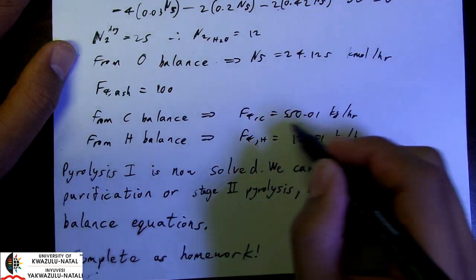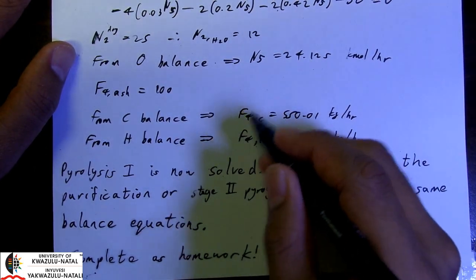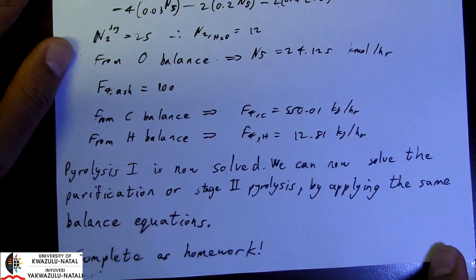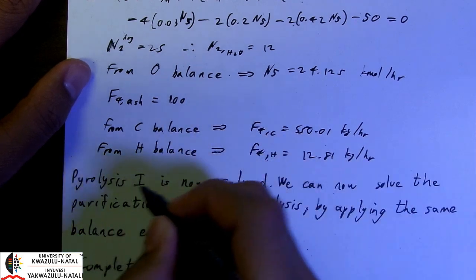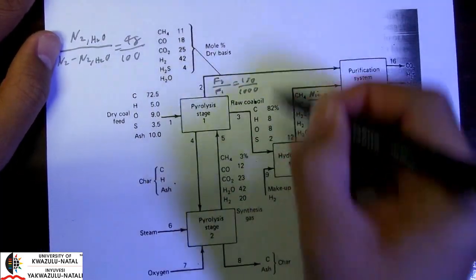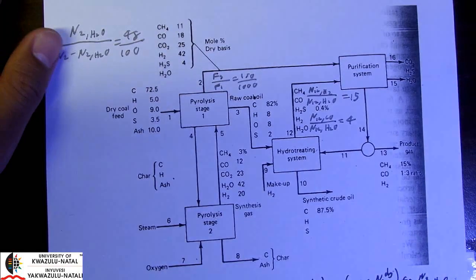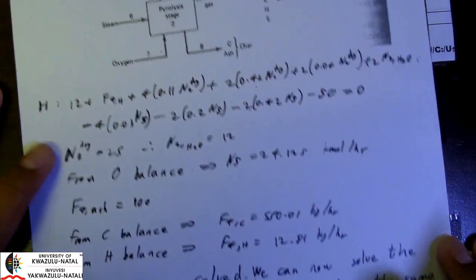And from our carbon balance, we can solve sequentially for the carbon and hydrogen in stream 4. So ultimately, we can solve all of our species flow rates and compositions surrounding pyrolysis stage 1. Okay, and that's the pyrolysis stage 1 solved.